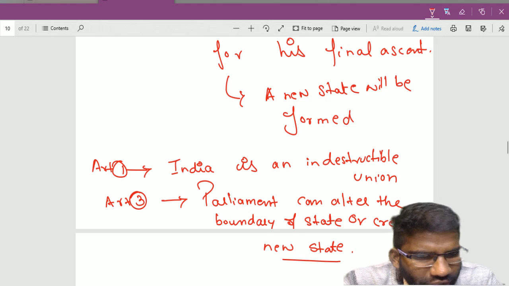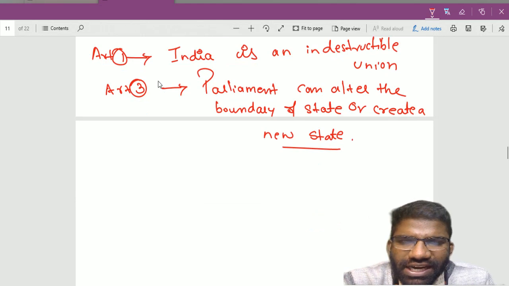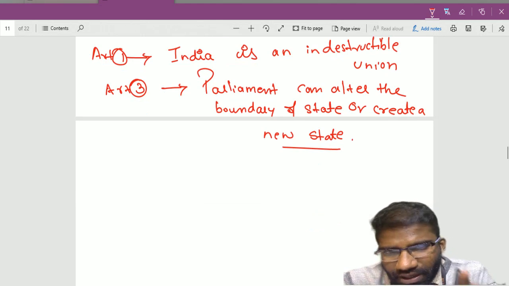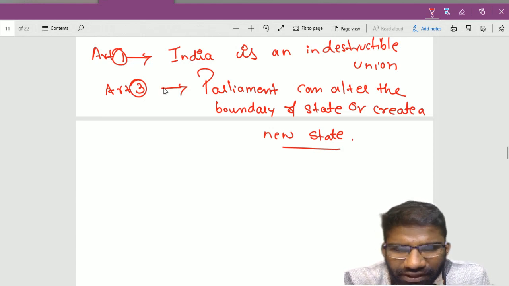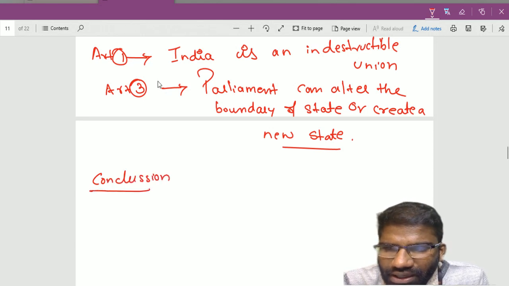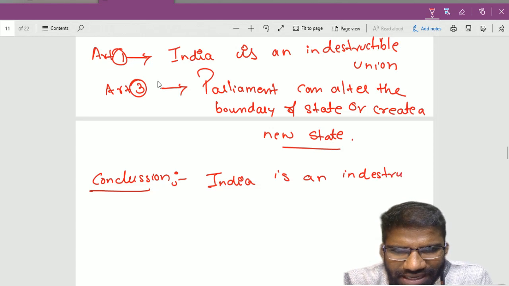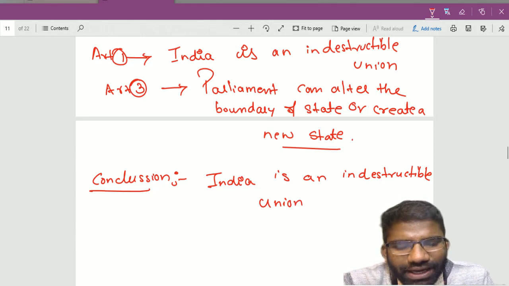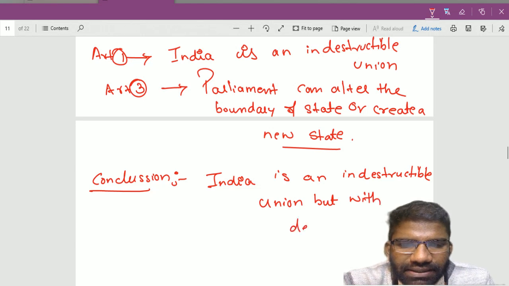Now, if you conclude both these articles, then our country is indestructible. No state has the right to move apart from it. But Article 3 says that a new state can be created within the country. That means the conclusion of Articles 1 and 3 is that India is an indestructible union, that is, no state has the right to move apart from India, but with destructible states.